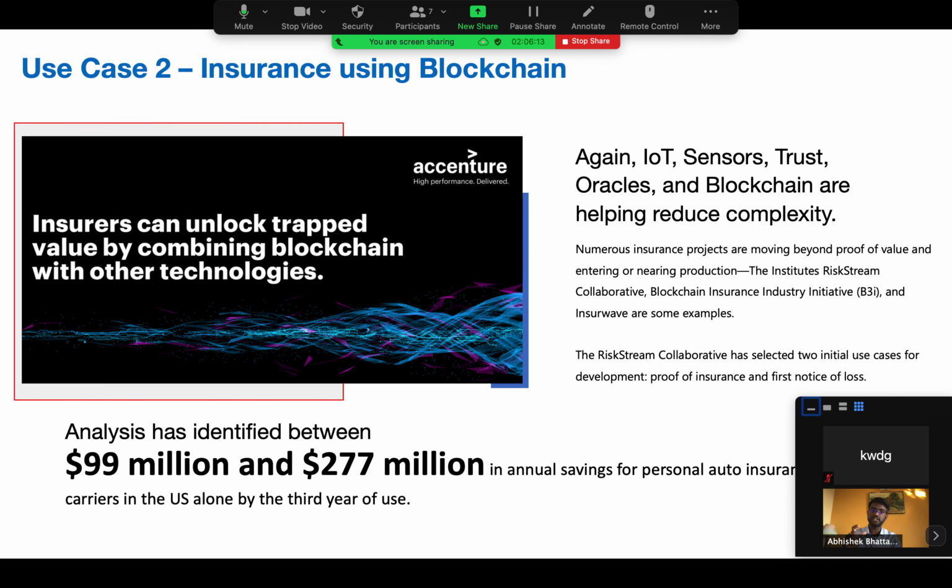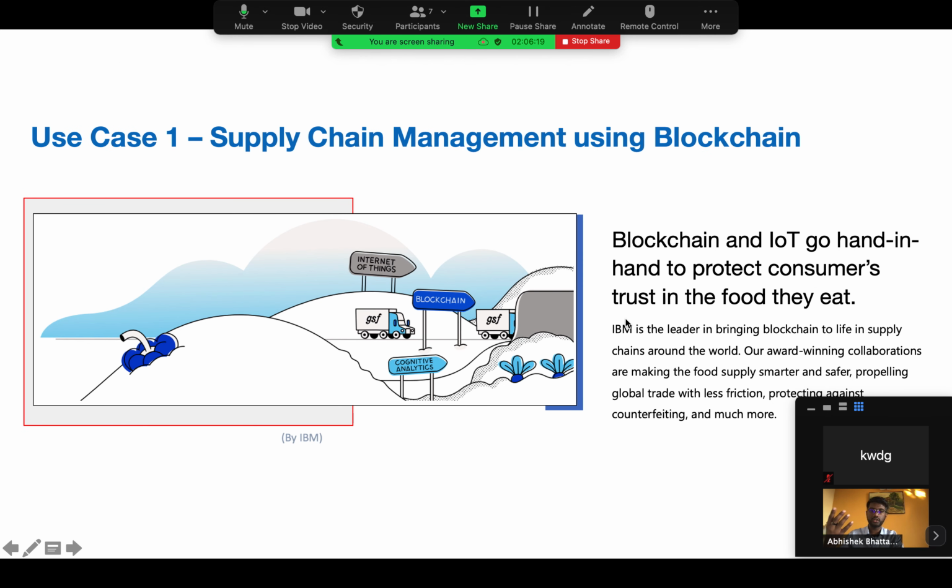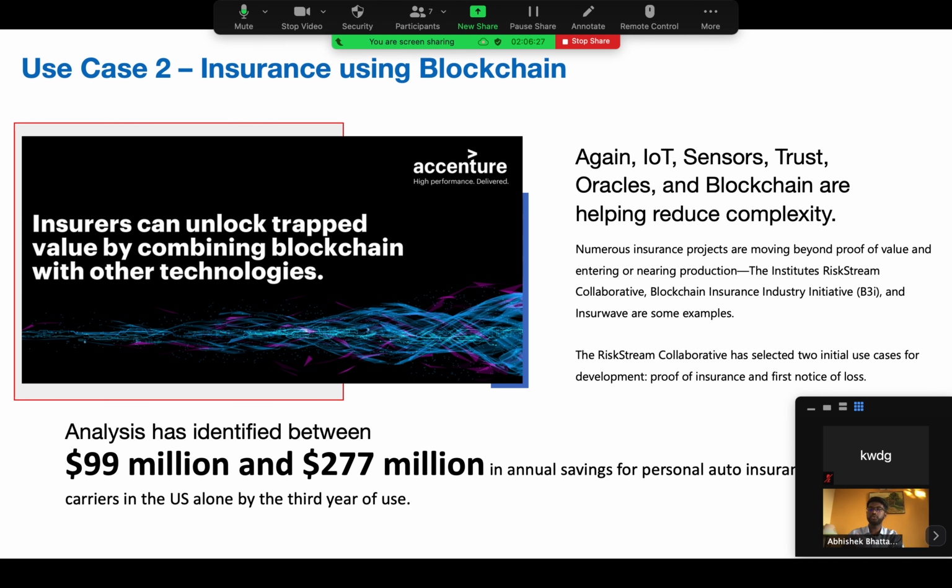Eventually, what they found is that they can use a combination of blockchain and IoT to implement supply chain management in the food supply chain. This particular implementation uses a combination of blockchain, IoT, artificial intelligence, and sensors to determine car accidents and so forth. Then oracles, which I said earlier are pieces of code that give you external data.